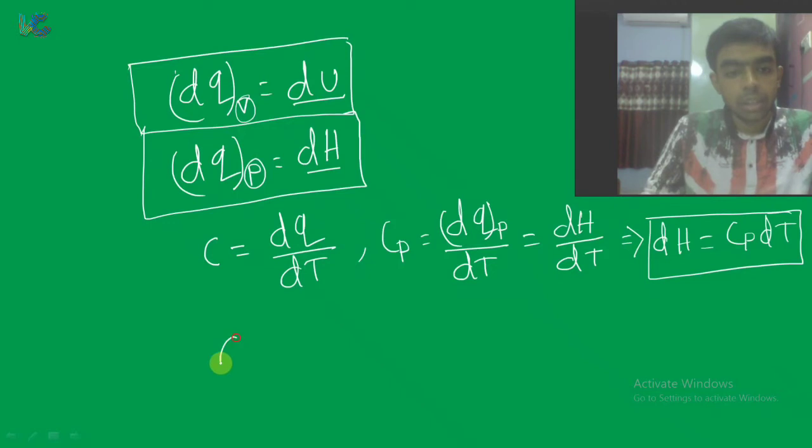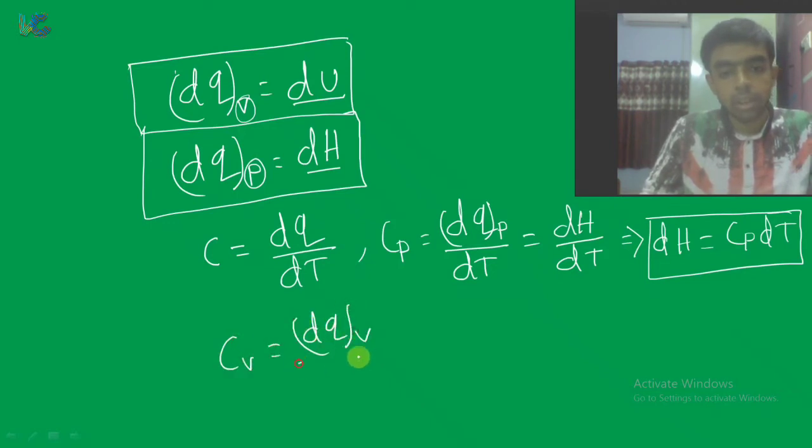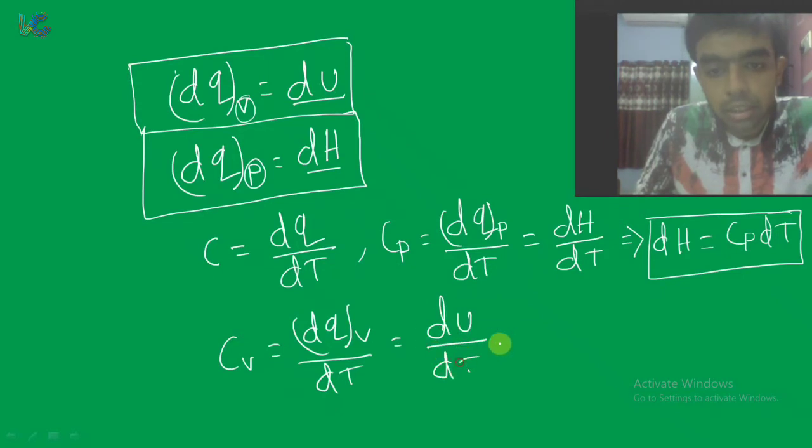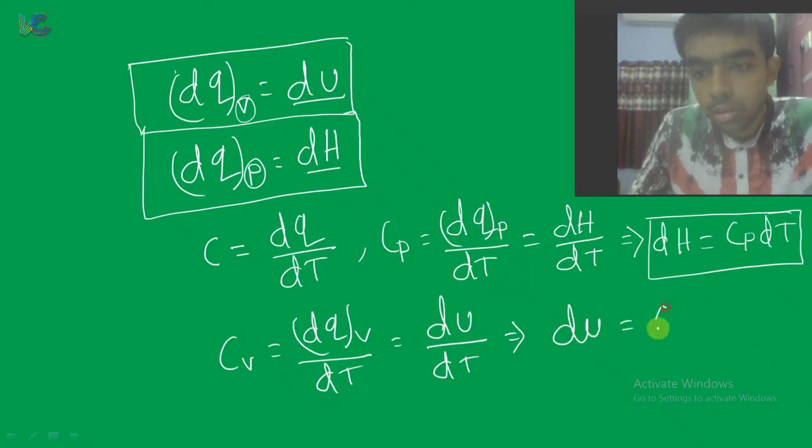And if you write Cv, then it is dq at constant V by dT, and dq at constant V is equal to change in internal energy, that means dU by dT. So from here you get that dU is equal to Cv dT.